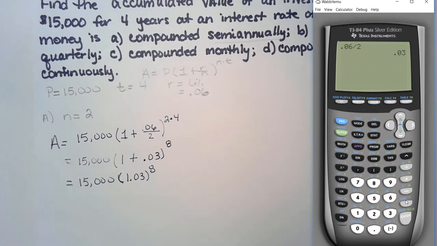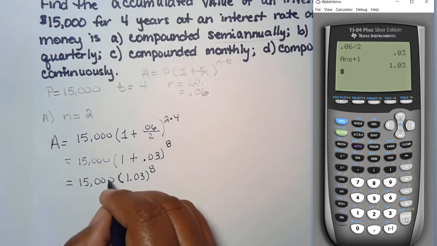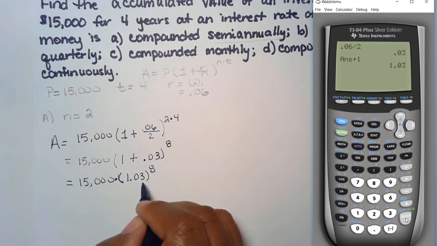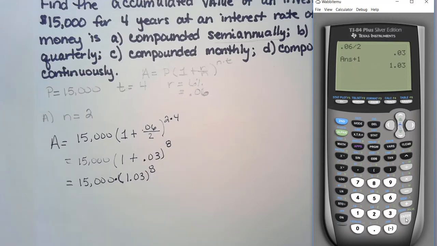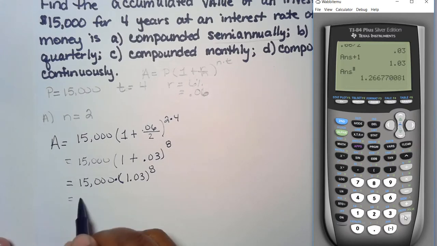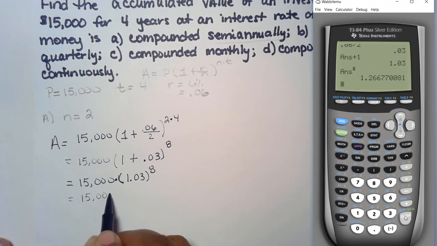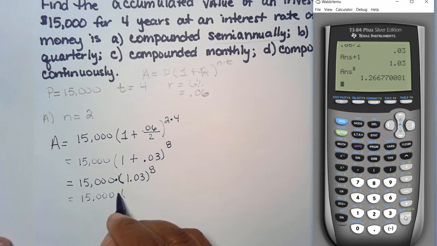So I'm going to put plus 1 here. And then since we're saying 15,000 times this 1.03 raised to the 8th power, let's go ahead and raise the 1.03 to the 8th power. Press enter. Please do not round until the final answer.